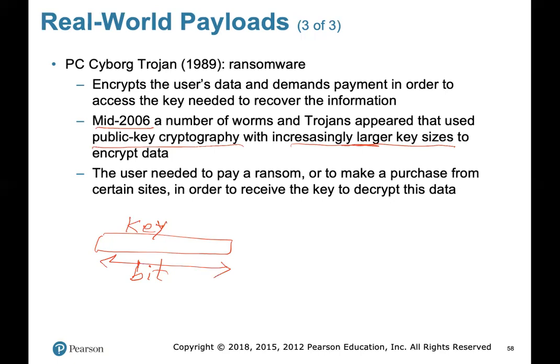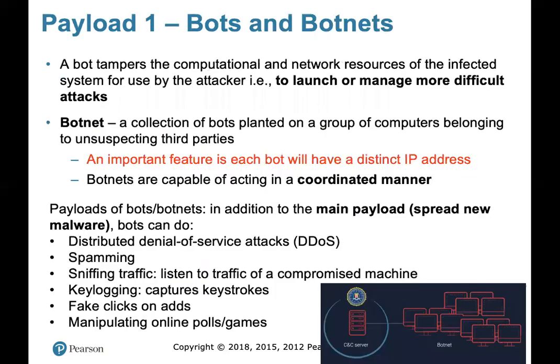For example, if it's 128 bits in some existing encryption, they say that the time you need is in the order of 2 to the power of 128, which is practically impossible. So the length of the key is very important. And in this specific ransomware Trojan, they used to increase the size of the key, which makes it very destructive.